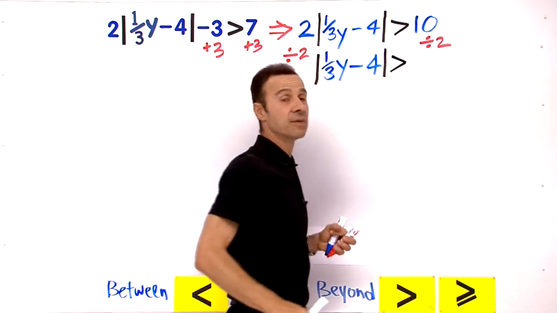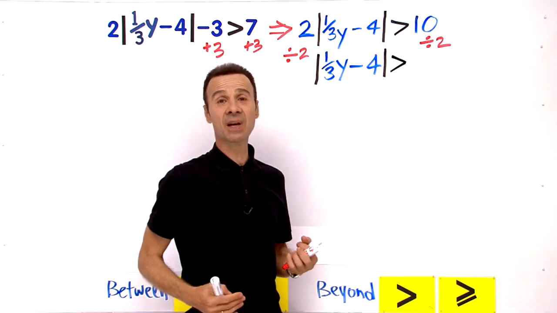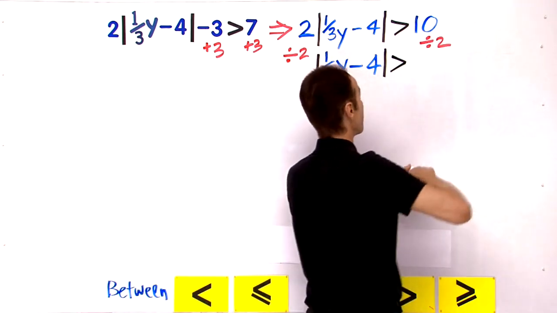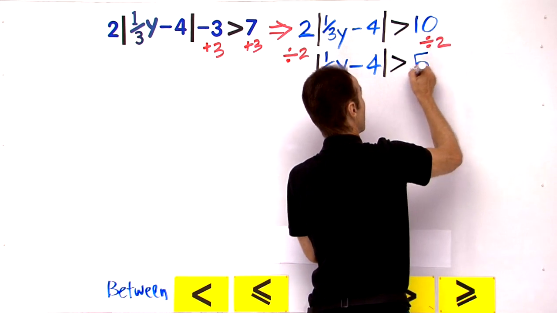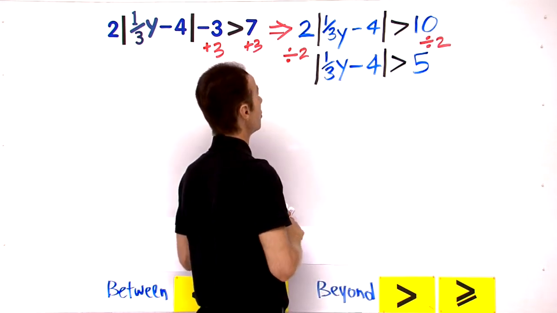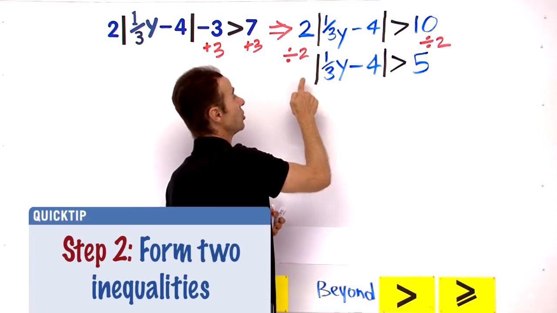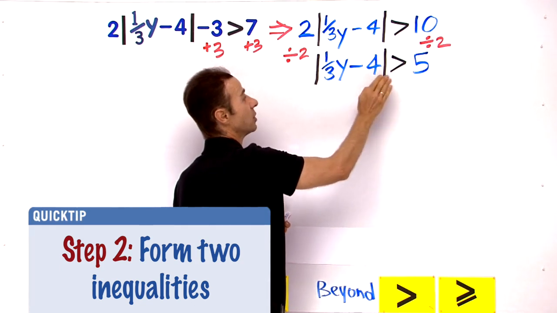Well, 10 divided by 2, that's half of 10. That's going to give us a 5, isn't it? So 5 goes right over there. So we have the 2 eliminated. 2 divided by 2 is 1. So it's 1/3 y minus 4 greater than 5.